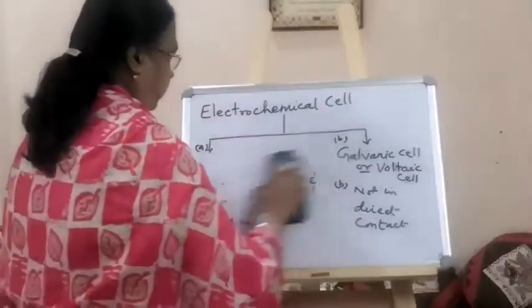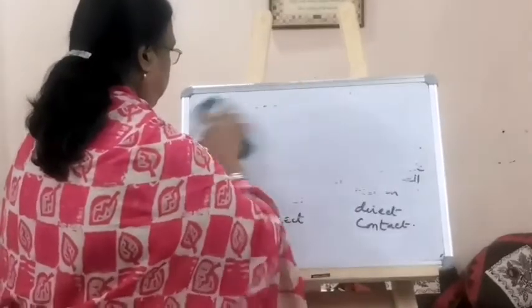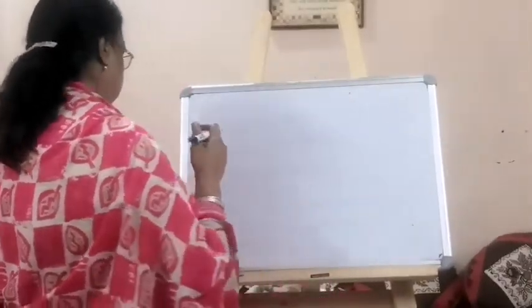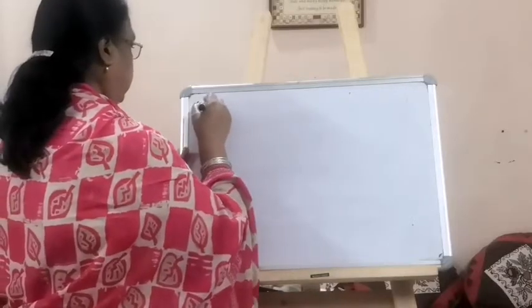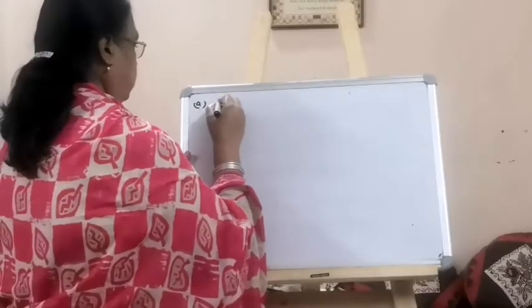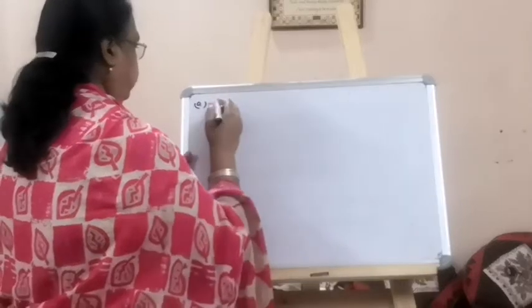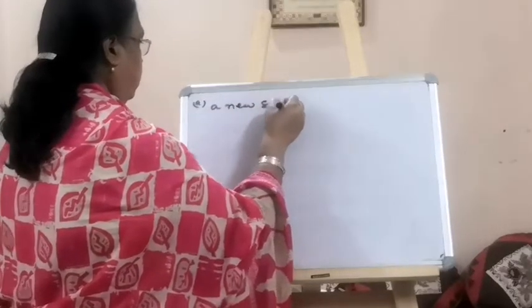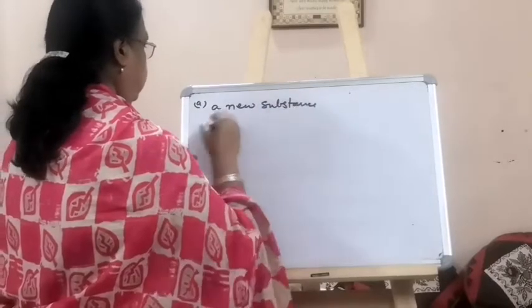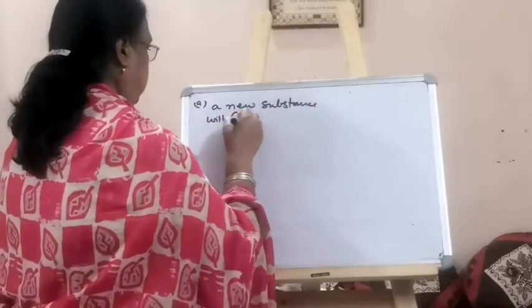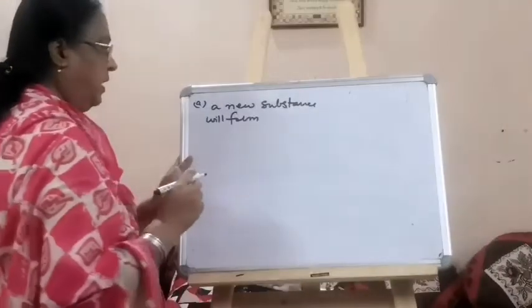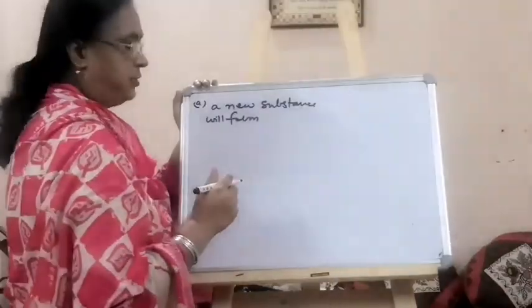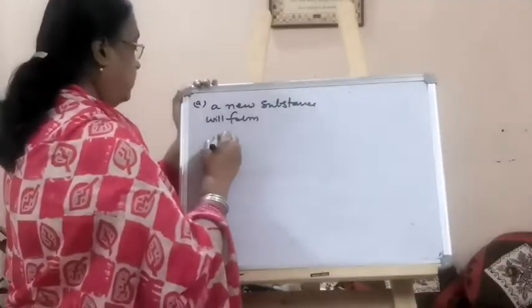The next point, if we compare, in the case of the electrolytic cell, during the reaction a new substance will form. The very common example is the electrolysis of water, which you have studied.